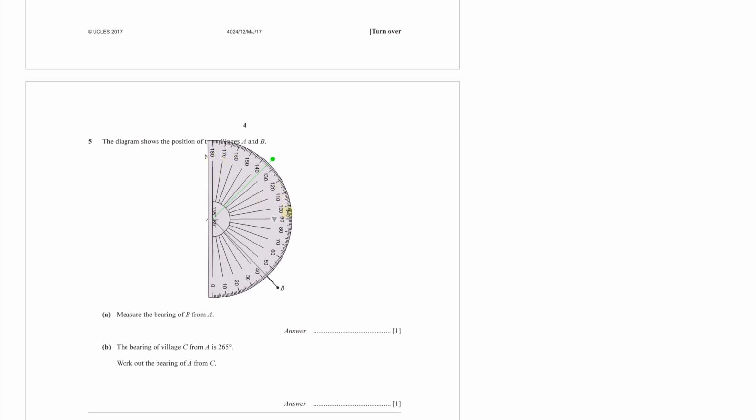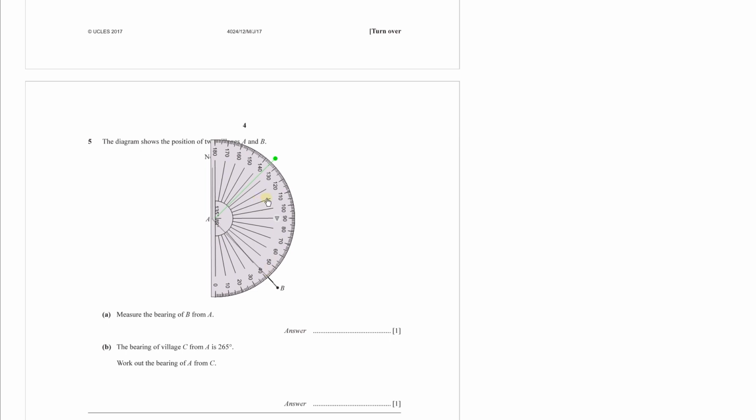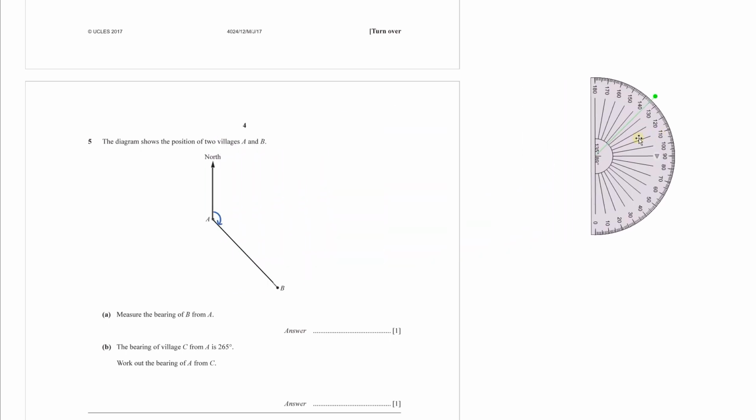So my 90 would be here, and then plus 10, 100, 110, 120, 130, 135, and then 136 and 137. So this angle here up till this point will be 137, which is my bearing for B from A. So this would be 137.